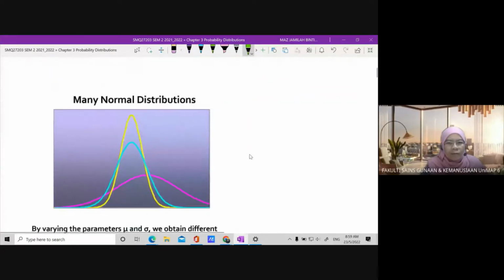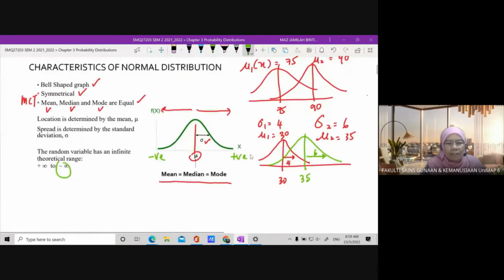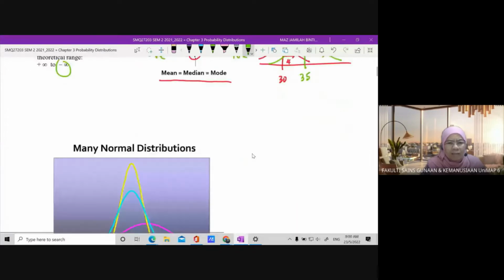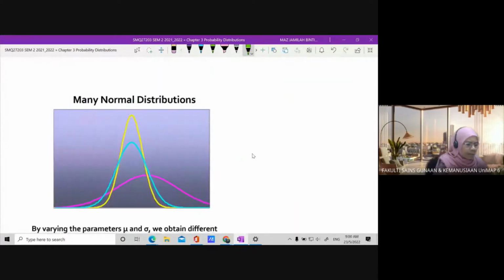I think this one is just a representation of the things that we have just discussed. So if, let's say, we have 3 random variables and they are reflecting the same position of the mean. So if I plot the mean value, let's say this is, for example, maybe 70.